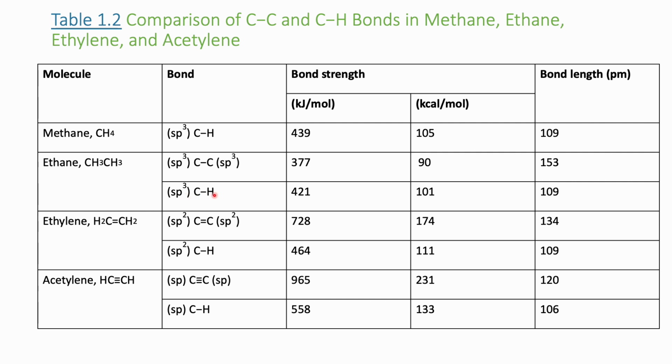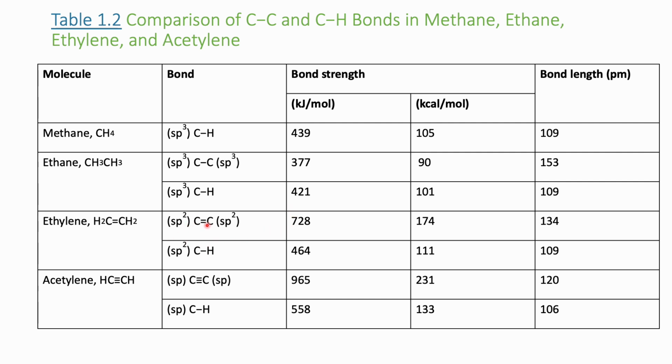And then we have sp3 C-H bonds. You can see that the C-H bonds, they all have their own unique numbers, is what I am trying to say and trying to demonstrate.